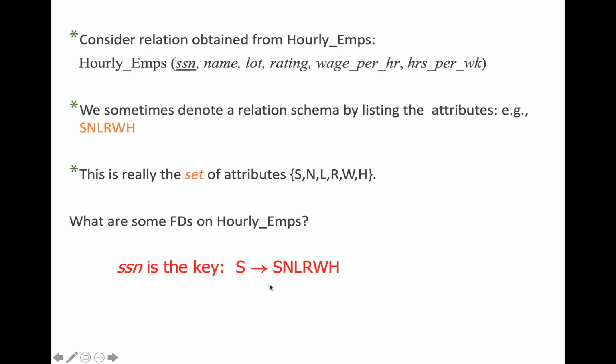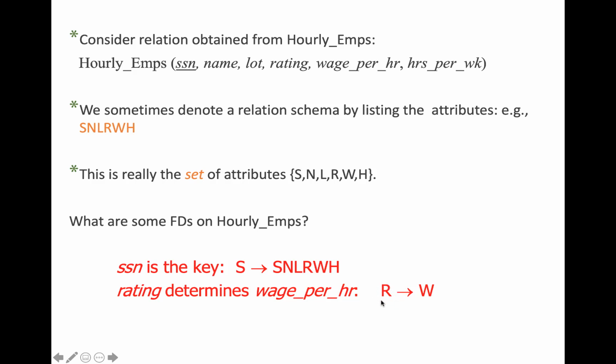How is this translated in functional dependency? It's translated as S determines all the other attributes in the row. But we have another dependency here, which is that the rating determines the wage per hour.